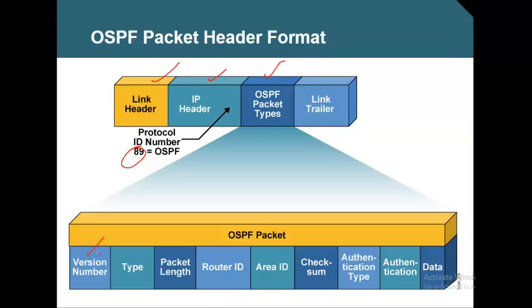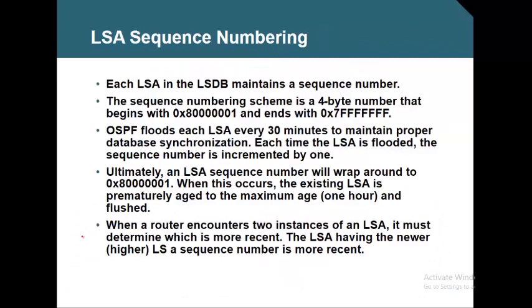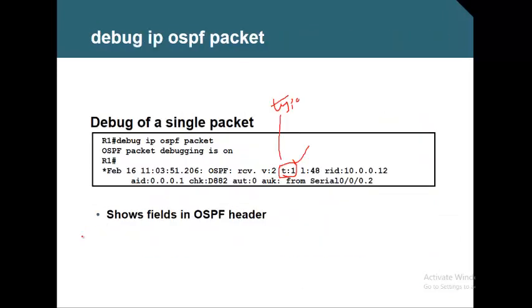First, the version number. You see the version number. R1 is receiving an OSPF packet via this interface, and what you see in the first field is the version.